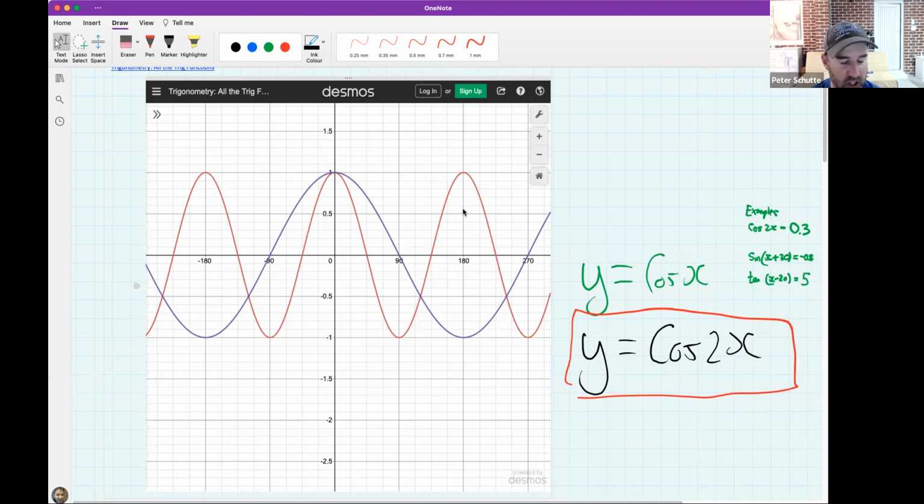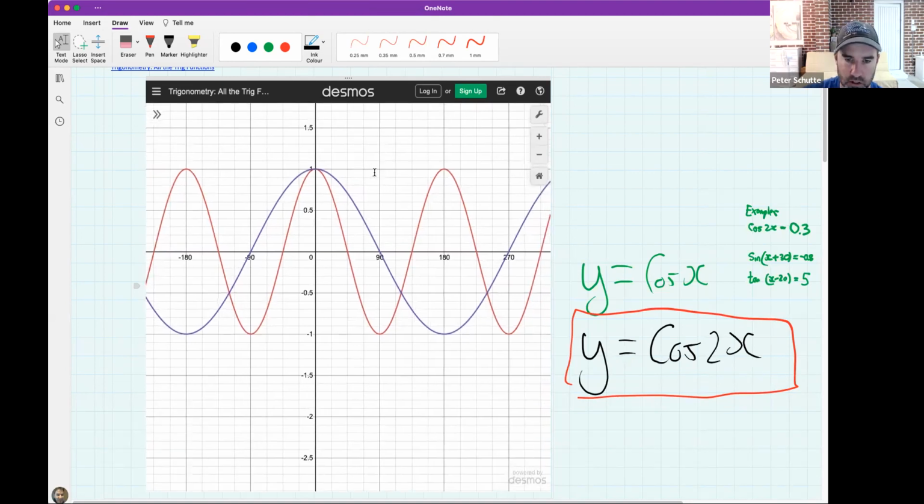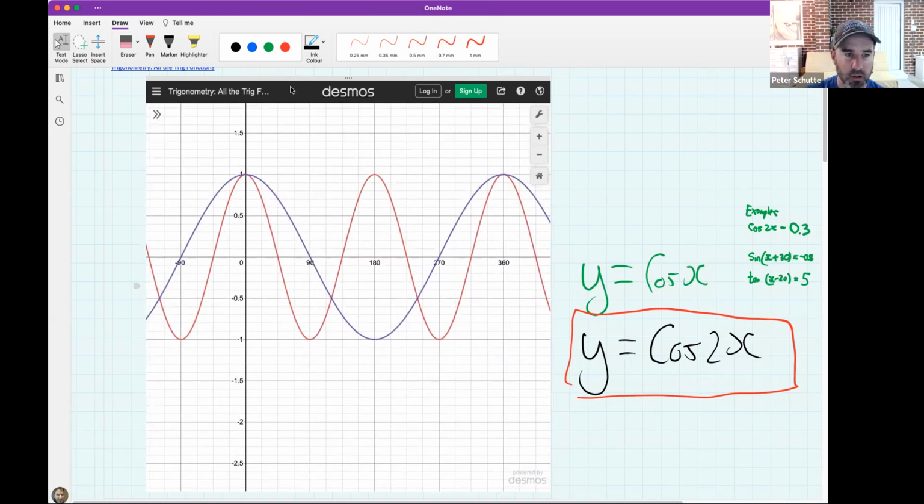We say that there's been a change of period. The graph no longer goes for 360. Let me just move this a little bit. So can you see with the purple graph, it goes 90, 180, 270, 360, and it finishes a whole cycle of down, down, up, up. With the red graph, when you put a 2 in front, you essentially compress the period.